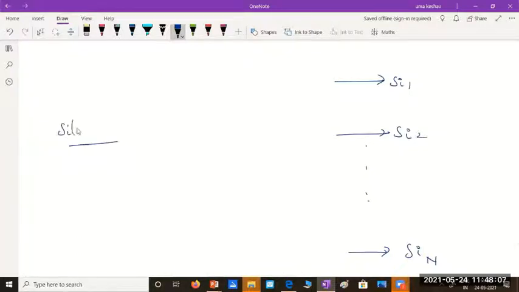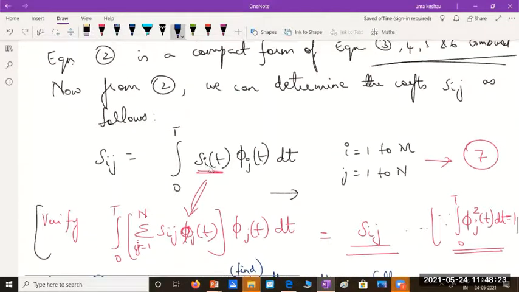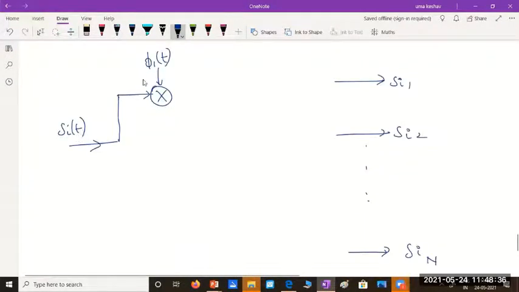I'll take the signal Si of t and I'll multiply it with phi 1 first. And after multiplication, what happens? Si into phi 1, I have to integrate it from 0 to T. So once you multiply Si with phi 1, you have to pass it through an integrator from 0 to T dt.